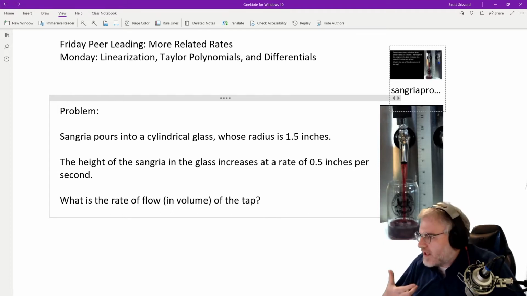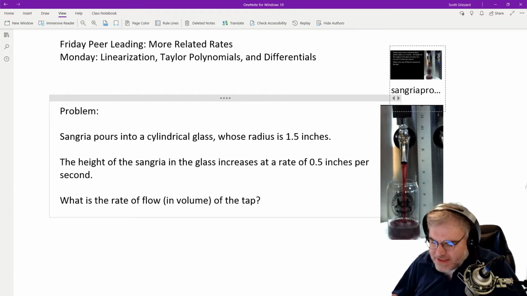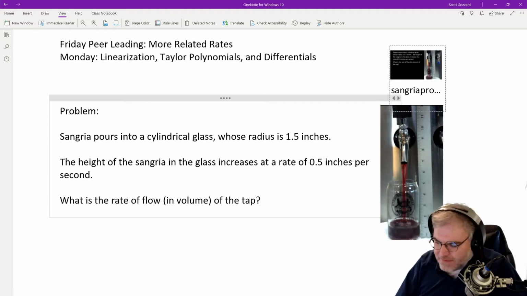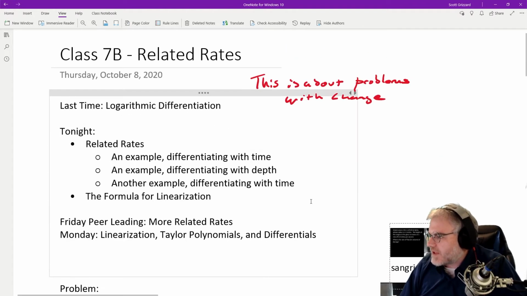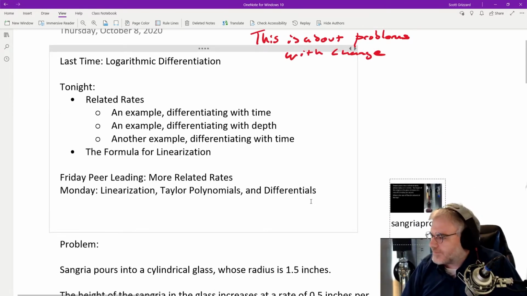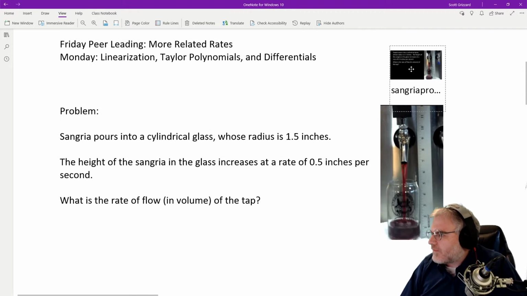This whole thing is about things that change. I'm actually going to write that down. If the problems didn't deal with change, of course, we wouldn't be dealing with calculus. Okay?